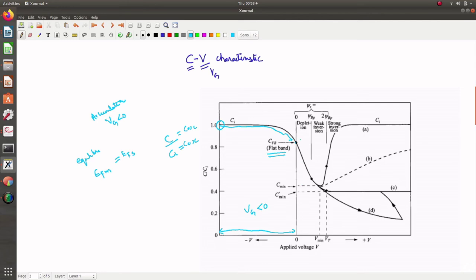Now as we move on, at depletion where Vg is greater than 0, this area, we see that a depletion capacitance is coming in series with the oxide capacitance, so that the capacitance decreases further.